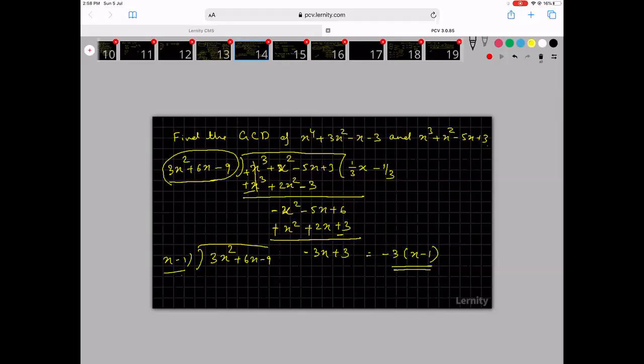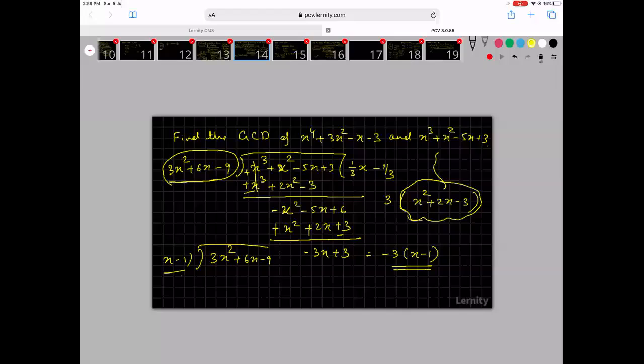So you take out 3 there, so it becomes x square plus 2x minus 3. So this is going to be the greatest common divisor for the two polynomials. X square plus 2x minus 3 will be the GCD for the given polynomial.